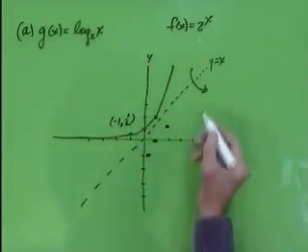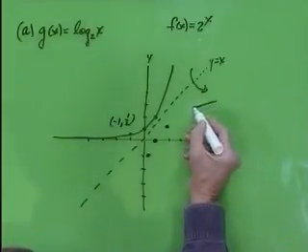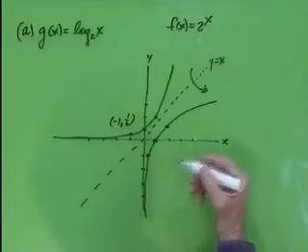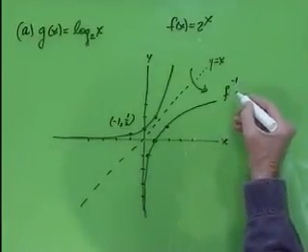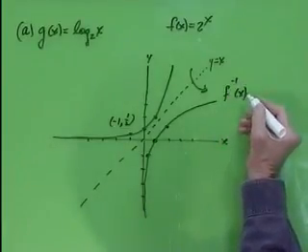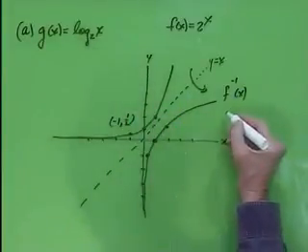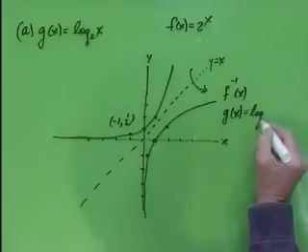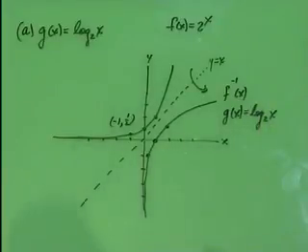It'll be the y-axis. And my graph will look like this. But what I'm graphing here is f inverse of x. And f inverse of x is the logarithm function. So what I'm graphing is g of x equals the log base 2 of x.